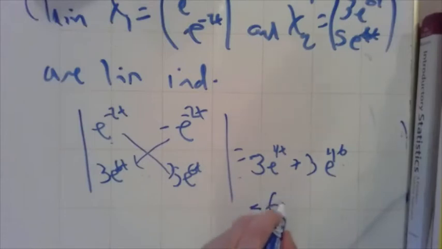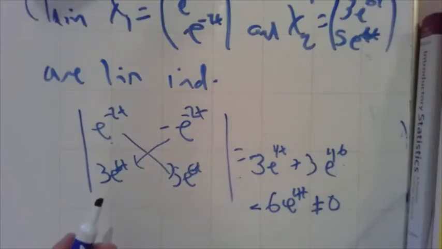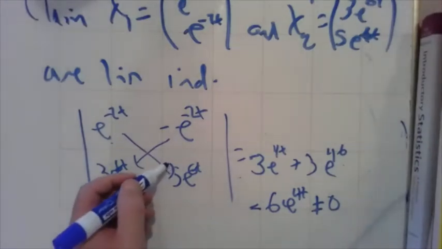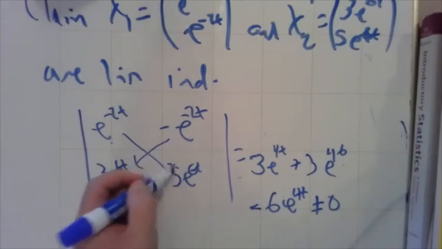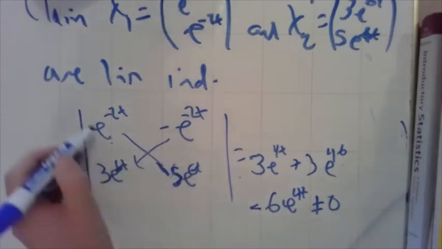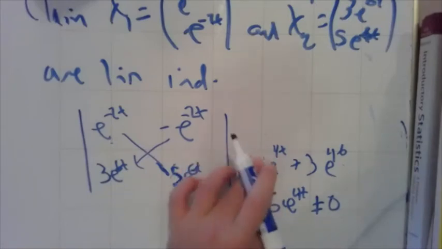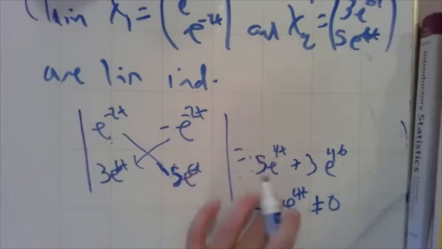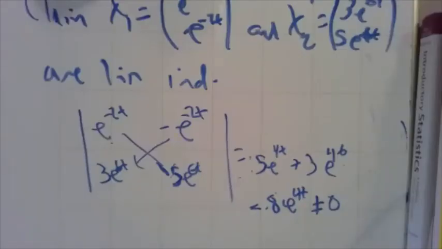So we get 6e to the 4t, which is not 0. Oh no, I knew when I got that answer something wasn't right. I couldn't read my number right there. That's not a 3, that's a 5 right there. My arrow messed up my number. So this one should have been 5, and we get 8. Doesn't matter, it's still not 0. That's what's important. Vectors are linearly independent. So when I take a linear combination of them, I get the general solution.